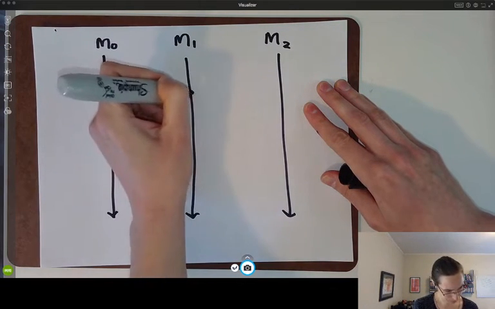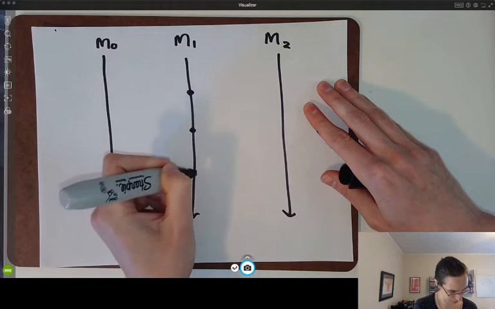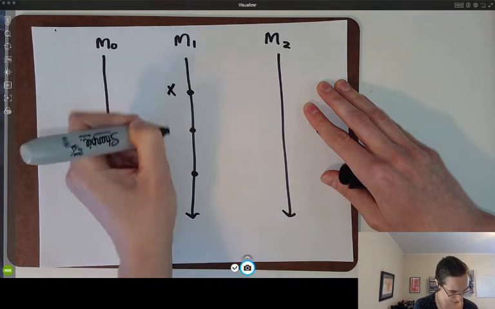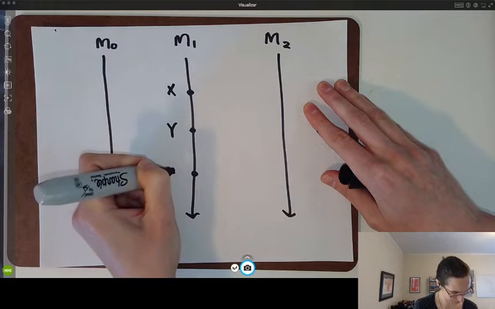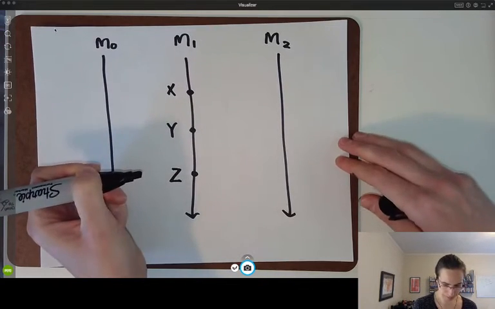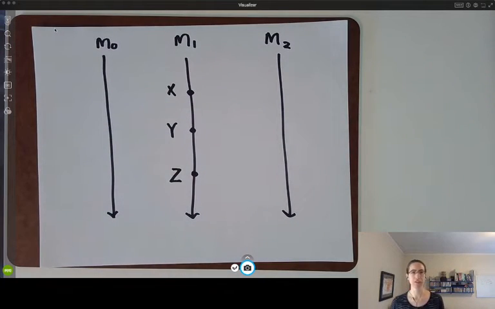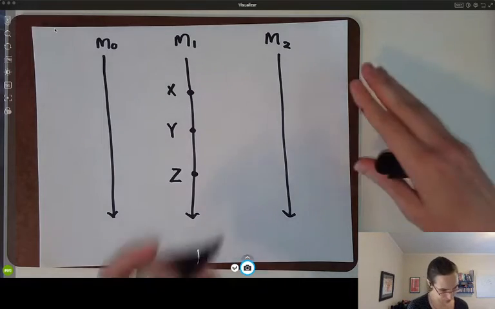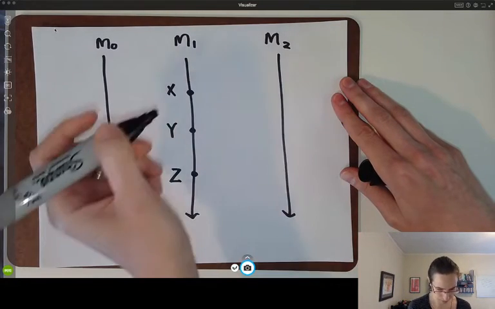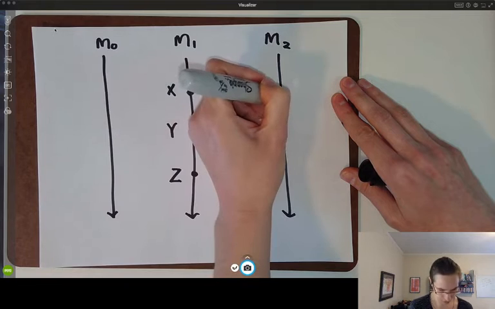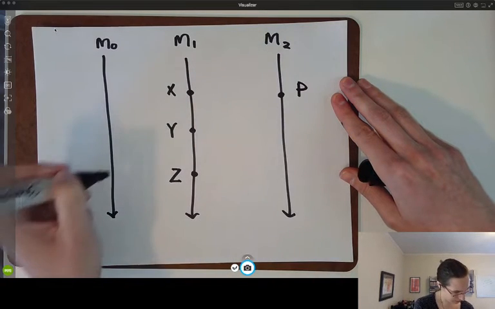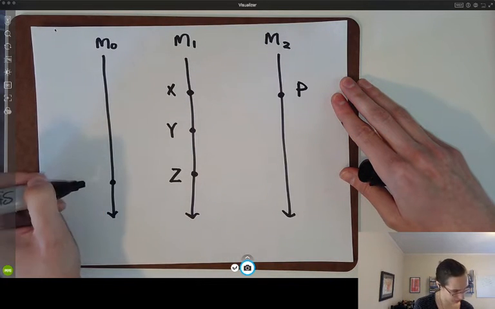Maybe on machine 1 we have our events X, Y, and Z. But then there are all kinds of other events occurring. Maybe on machine 2 there's an event P, and on machine 0 there's an event Q.